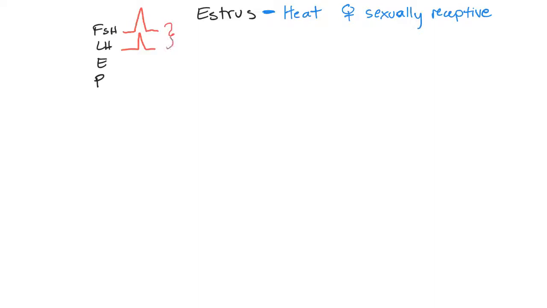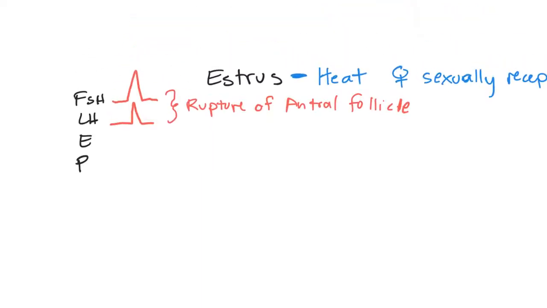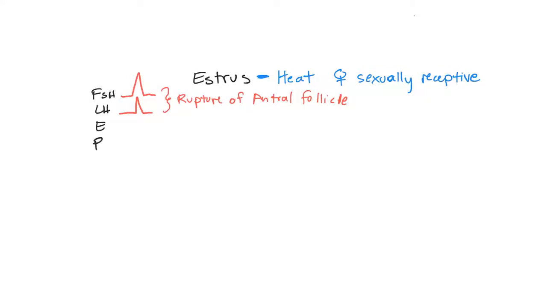Okay, and then this causes the rupture of the antral follicle or ovulation. And at this point, estrogen is also at its maximum.